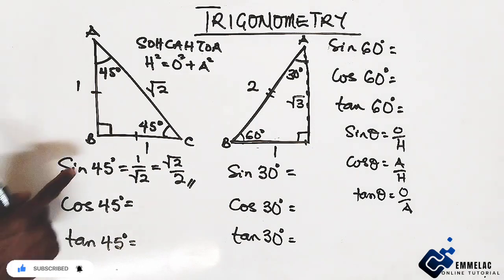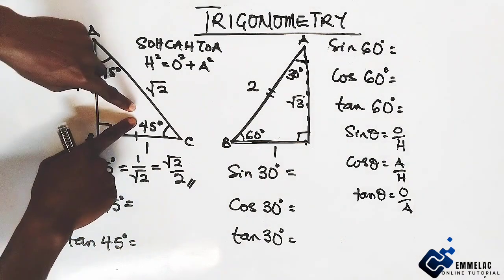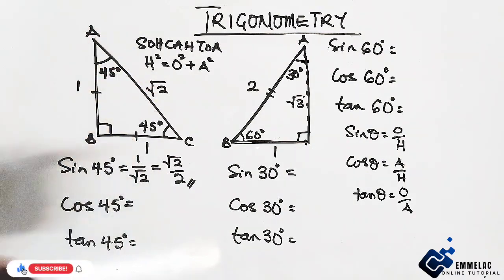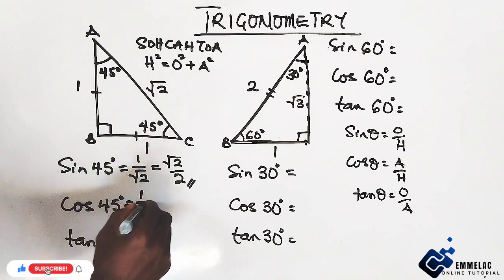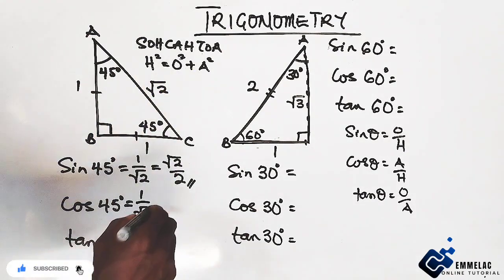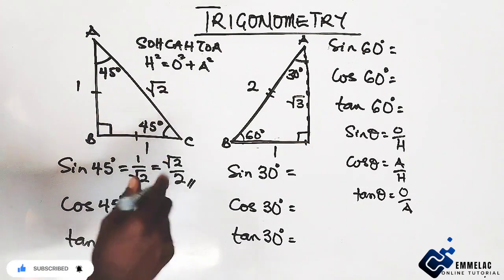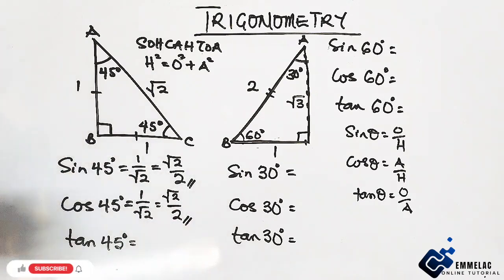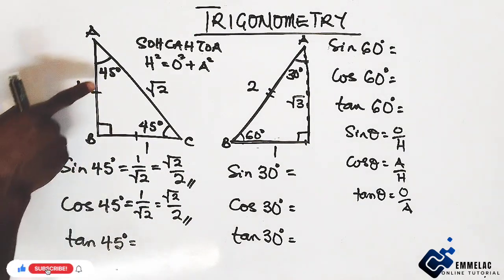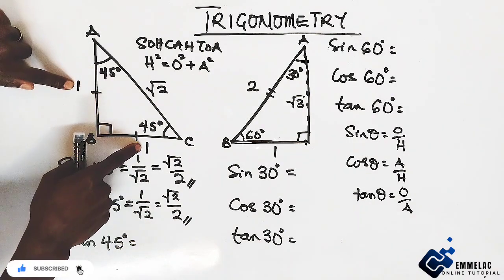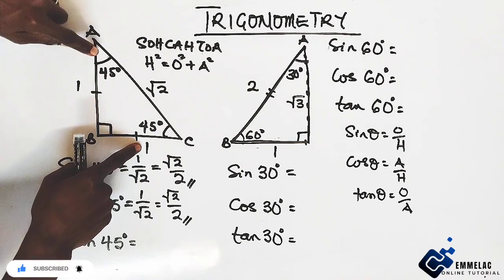Now the adjacent here, you can see this is the 45 we're making use of, is 1, then over the hypotenuse, which is the root of 2. Which also gives us the same answer as this, root 2 over 2. But take note, this is just the opposite, and here will be the adjacent to this angle.